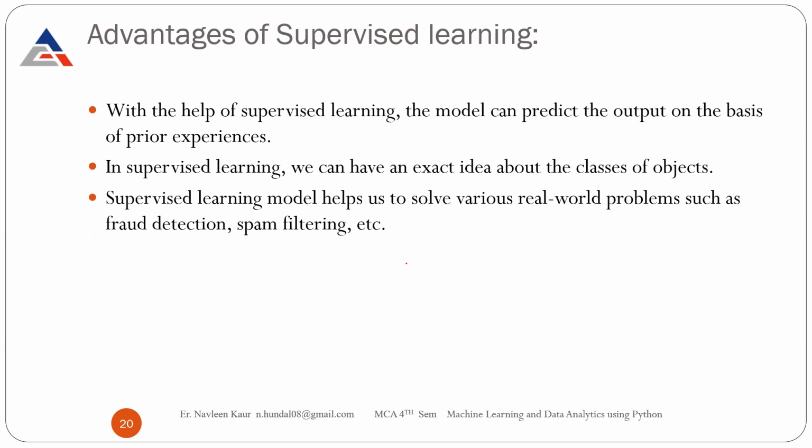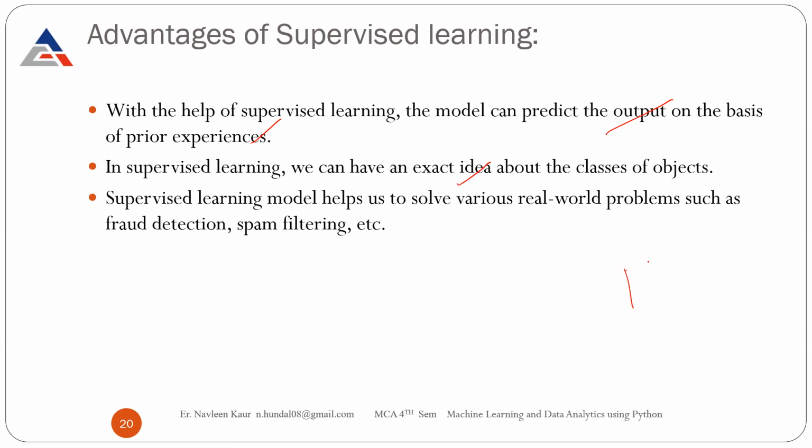So next comes the advantages of supervised learning. The best advantage is that as you are feeding it the exact output, your machine is learning and gets the ability to predict the output on the basis of prior experiences, meaning prior data. And here we can have an exact idea.